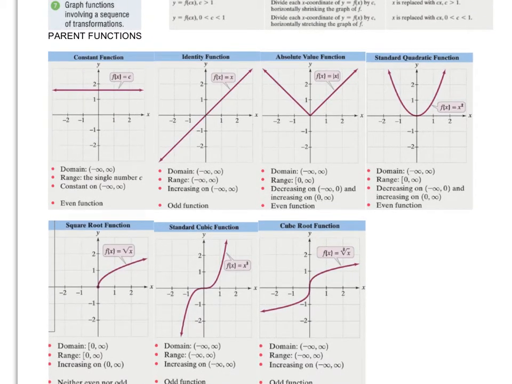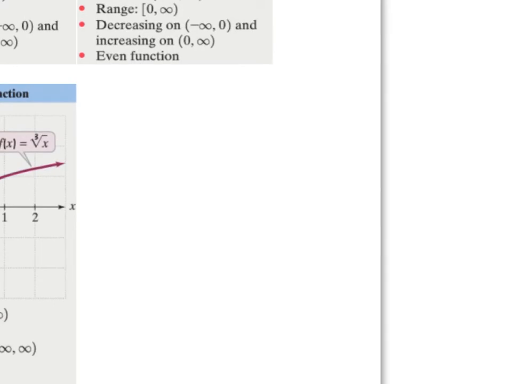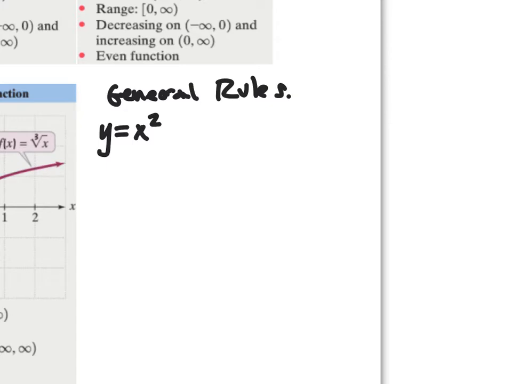But what I want to talk about is a general rule of thumb for doing transformations. So, general rules. I'm going to first start out with the parent function y equals x squared, just your standard quadratic.